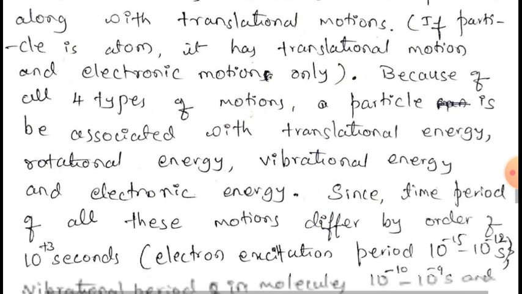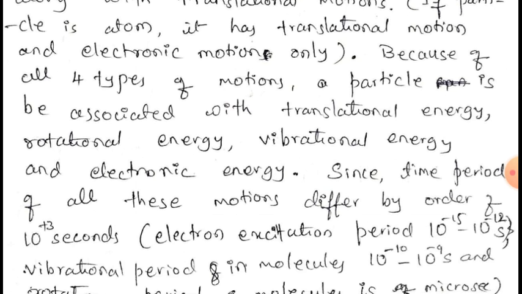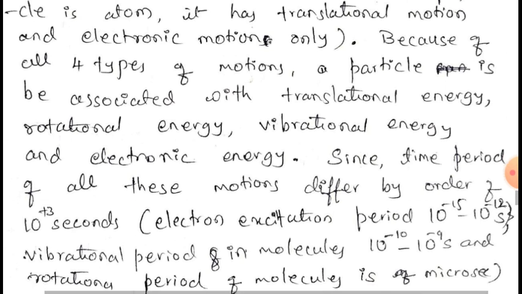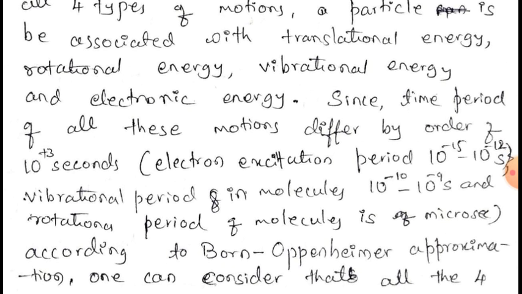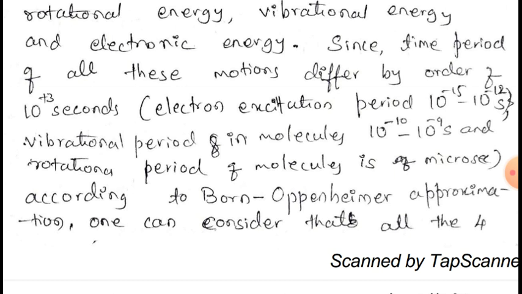Because of all four types of motions, a particle can be associated with translational energy, rotational energy, vibrational energy and electronic energy. The time periods of all these motions differ by orders of magnitude.